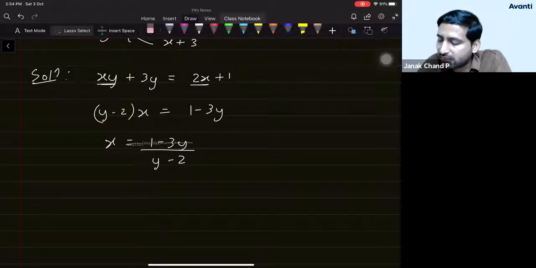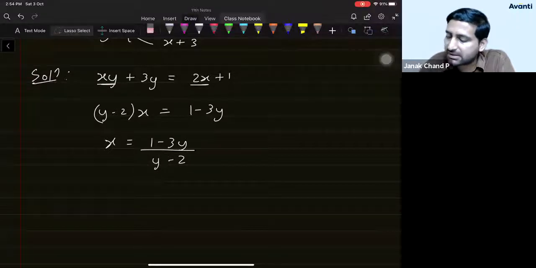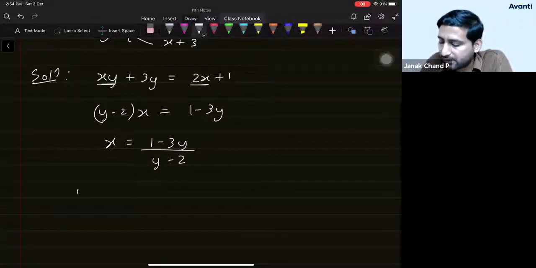The ratio of one real number divided by another real number is always a real number, right? So I can put whatever I want except one value, and that value is 2. Okay, so the collection of all the values of y is nothing but y belongs to everything in the real numbers except 2.